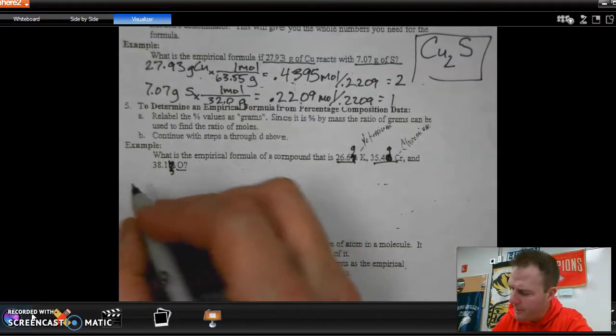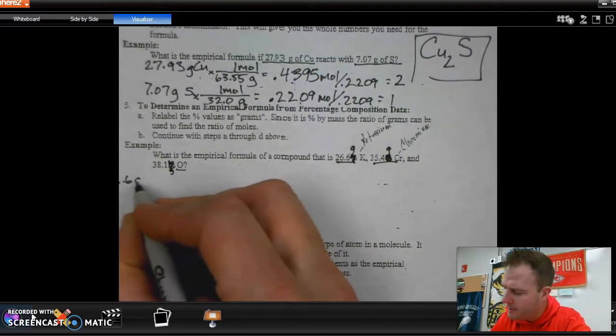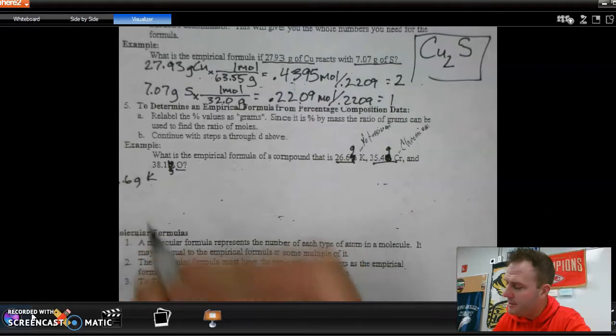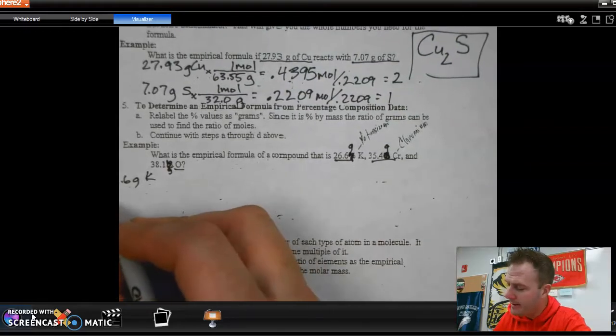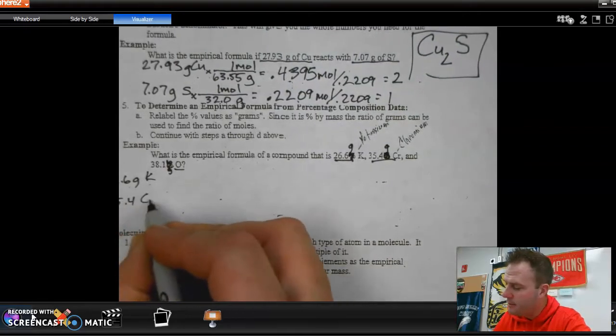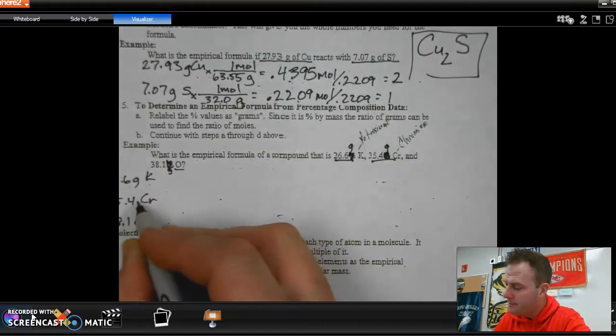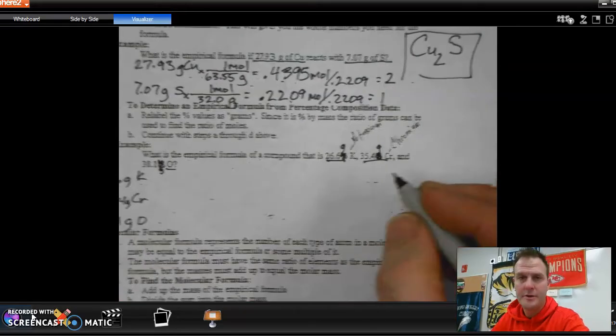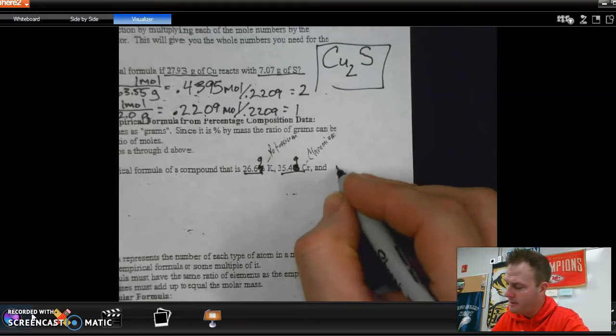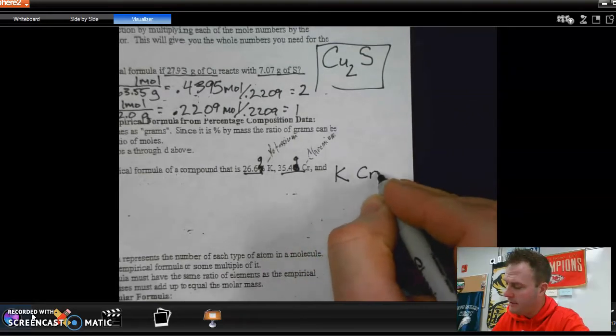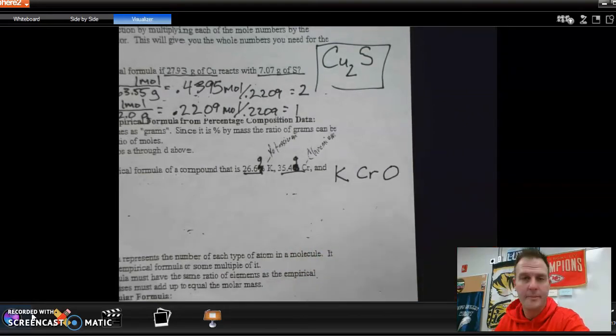So we are going to have 26.6 grams of potassium. We're going to have 35.4 grams of chromium, and we're going to have 38.1 grams of oxygen. So that means that our formula is going to be K, Cr, and O something.